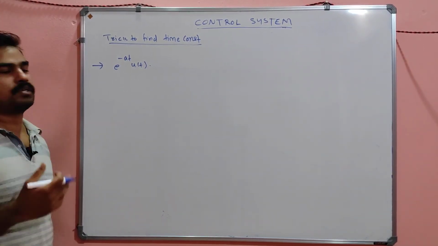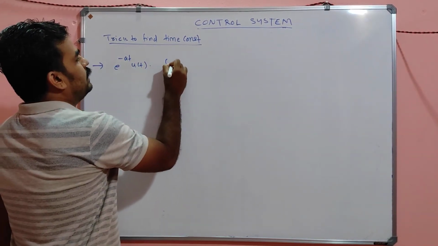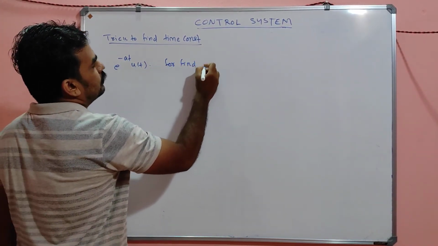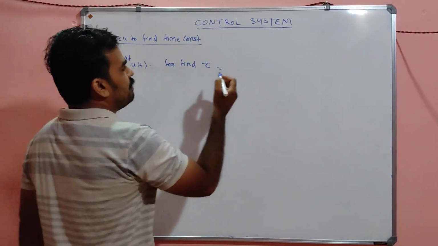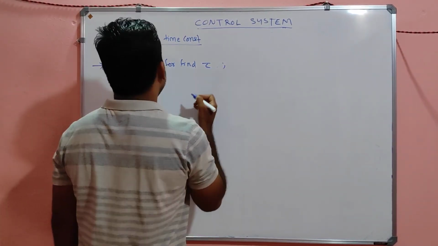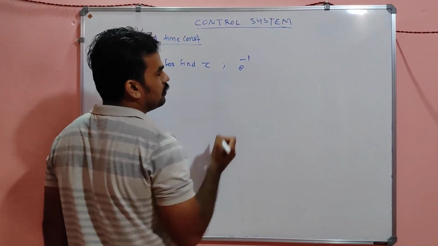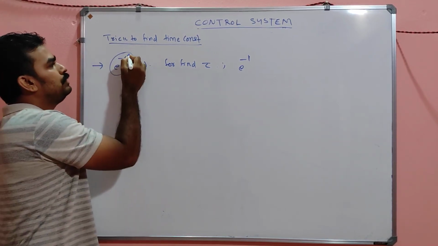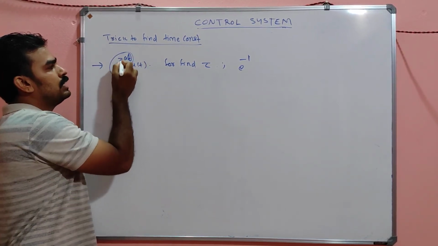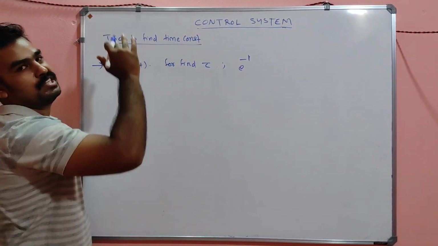For finding the time constant or tau, what value of t makes this equation e raised to minus 1? That is the time constant for an exponential function.